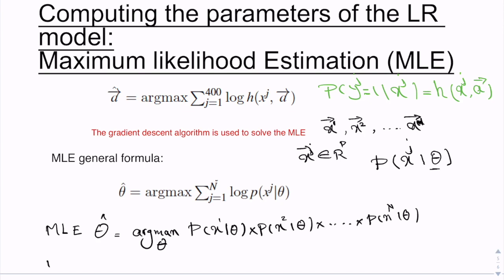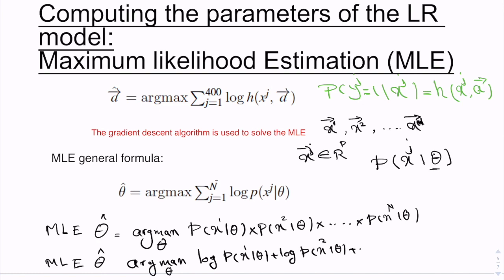Therefore, the maximum likelihood estimation is usually taken on the log of probability: arg max over theta of log p(x1 given theta) plus log p(x2 given theta) plus log p(xn given theta). And then I can use this sum in a compact form using sum notation. I'll get this value.